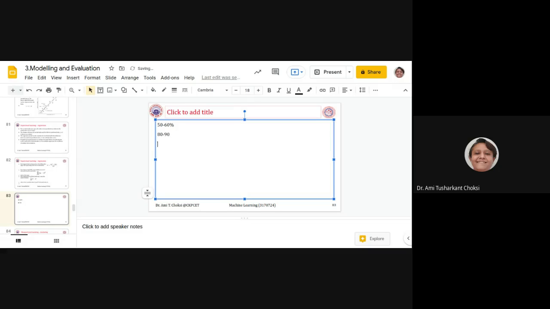If we consider an insurance policy, people having a policy of more than 10 lakh are considered as one group, right?